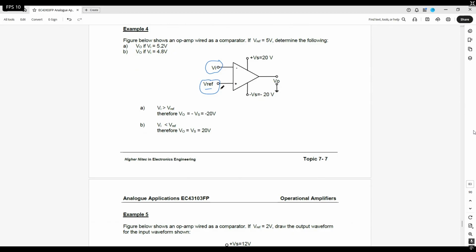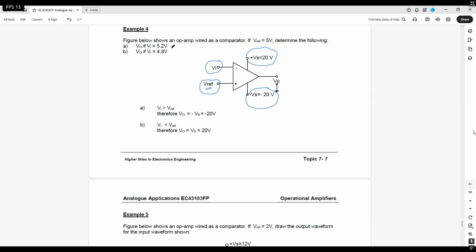So the supply voltage here is given: positive Vs is 20, negative Vs is minus 20. Based on what we just went through, we look at the condition to determine the output here. They ask you to check what is the following output if VI is 5.8 volts.